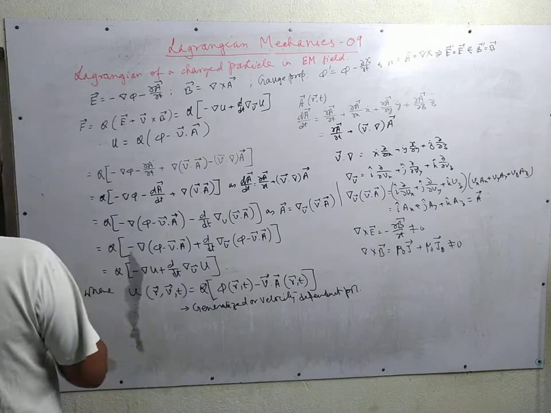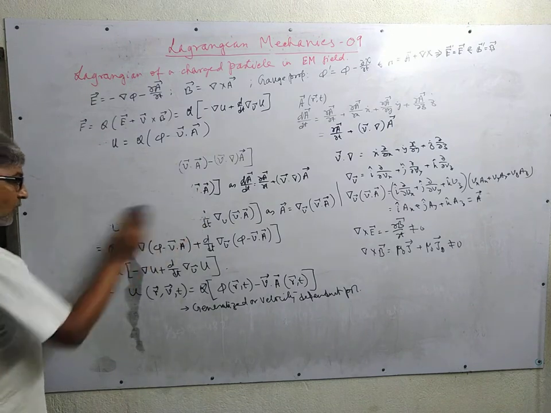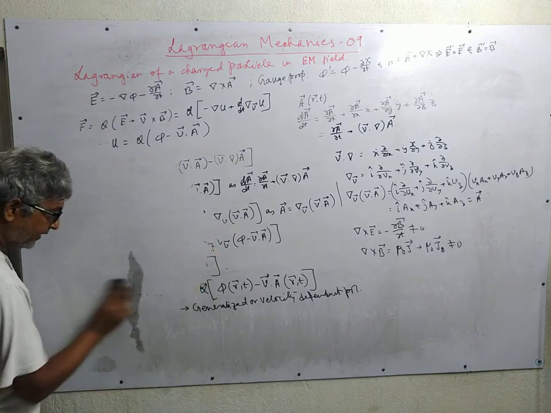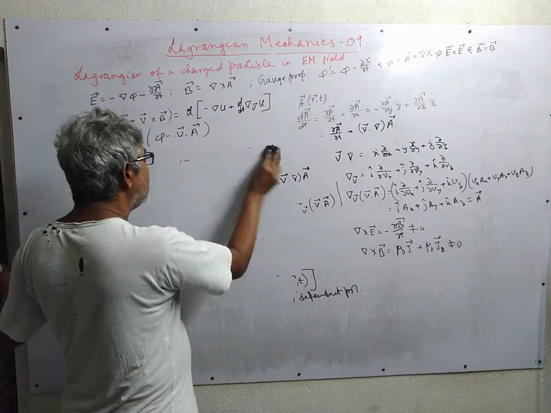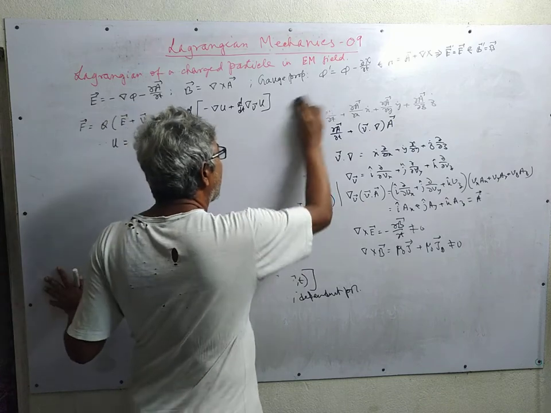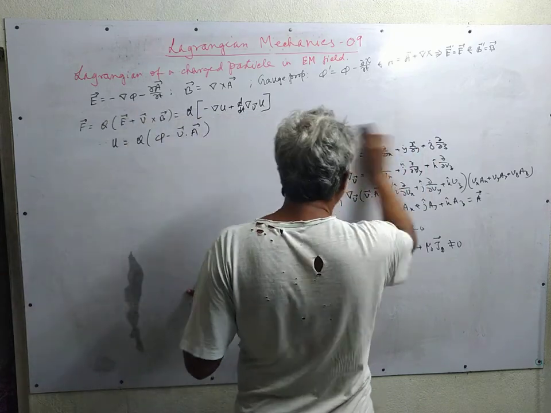Now we come to the Lagrangian. The Lagrangian of a system is generally defined as L is equal to T minus V, where V is the potential which accounts for the conservative part of the field.